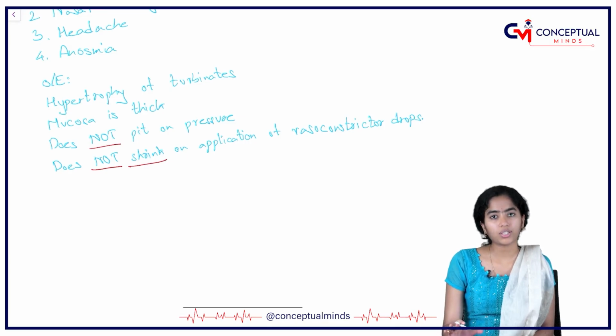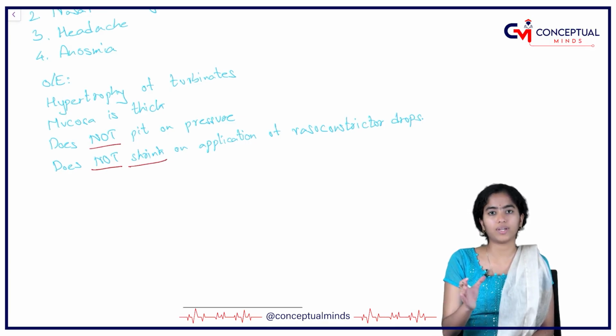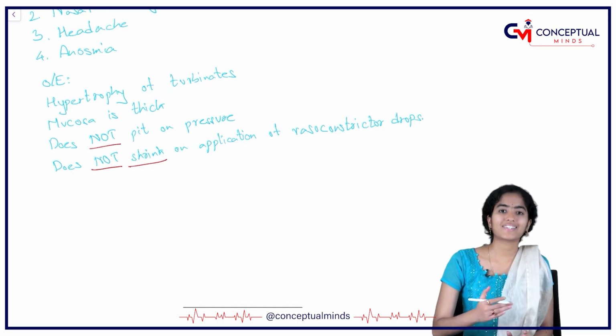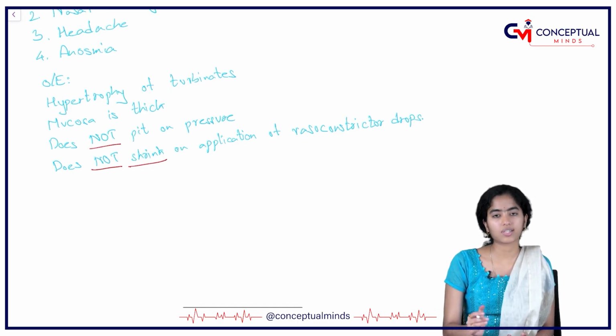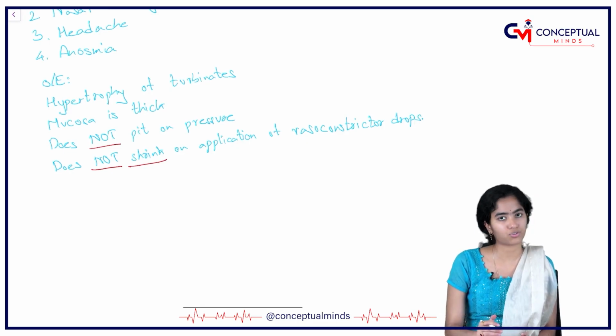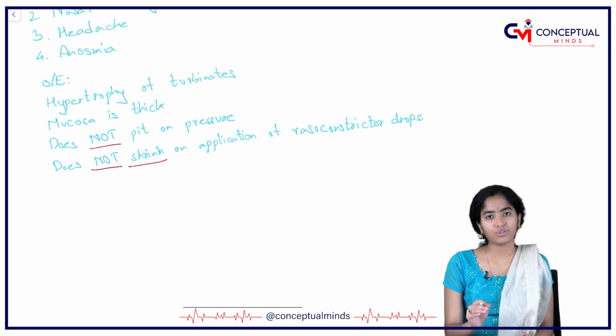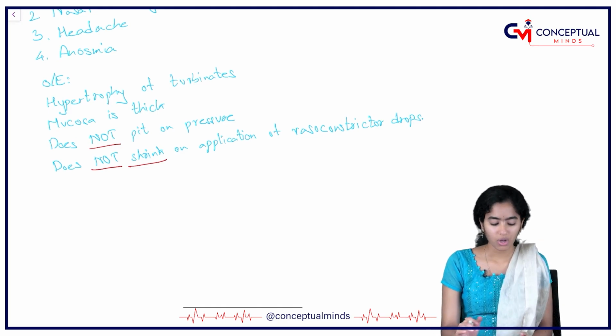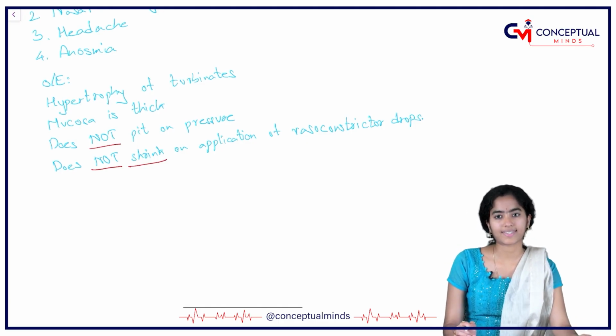So this is an important feature to differentiate between chronic simple rhinitis and hypertrophic rhinitis. In one sense, I can say chronic simple rhinitis precedes hypertrophic rhinitis. It's an earlier stage of hypertrophic rhinitis. A patient of chronic simple rhinitis, if not treated at the right time, may progress into hypertrophic rhinitis.